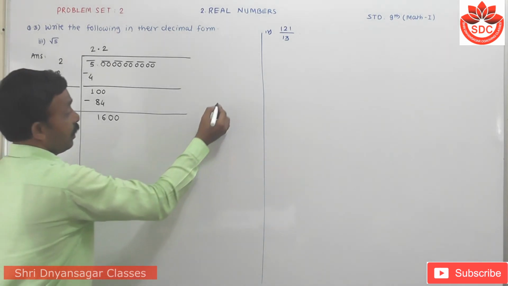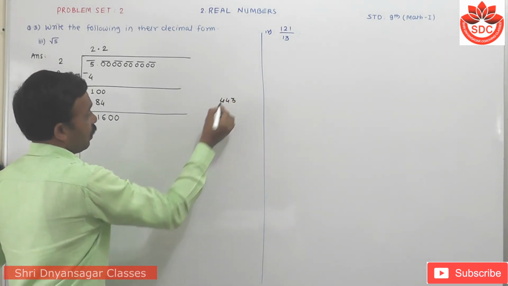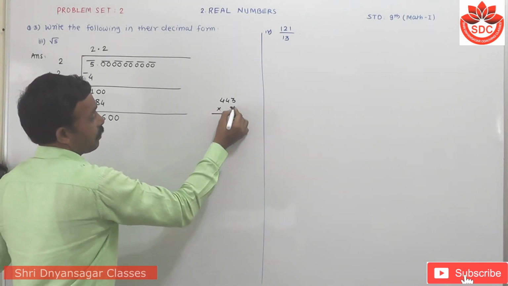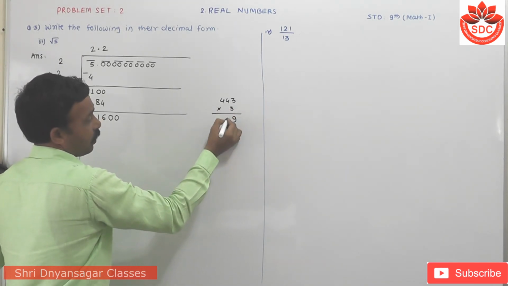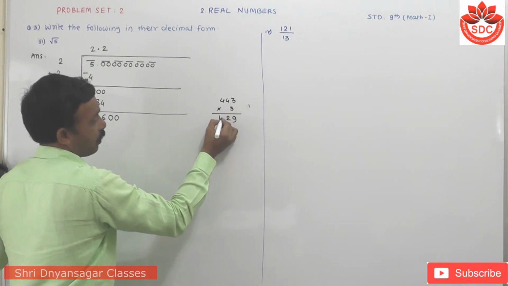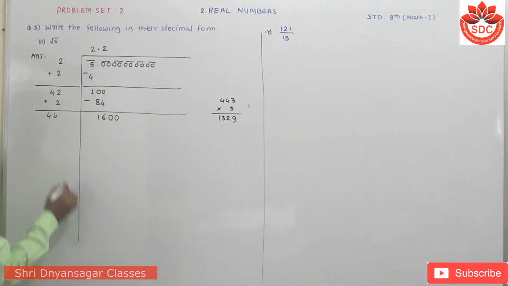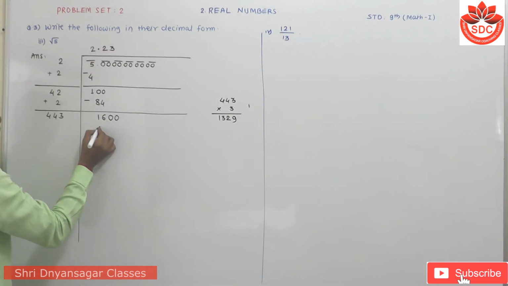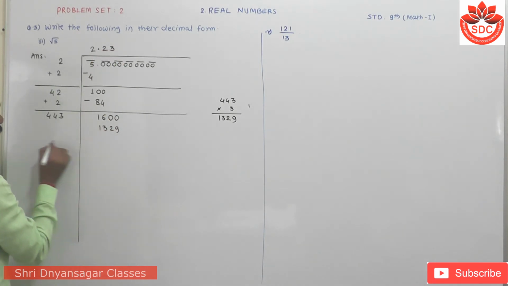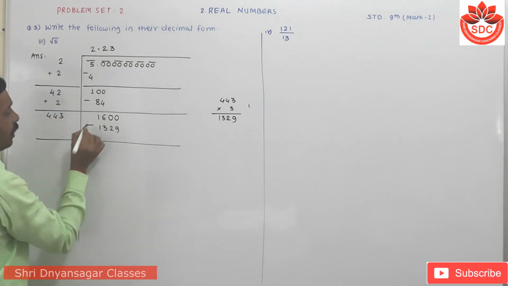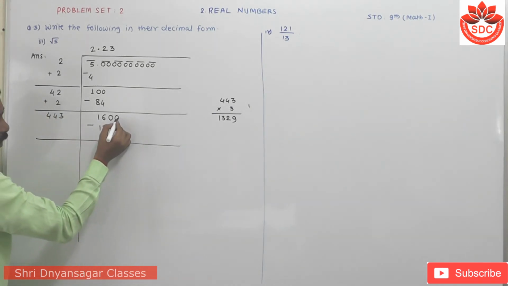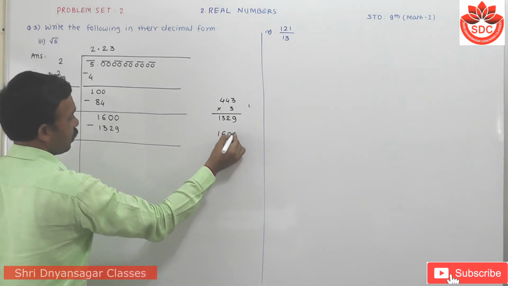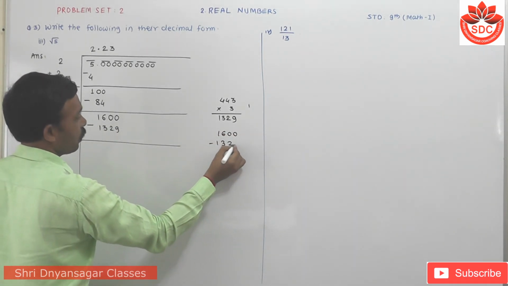So I have to take 3 next to this 44. When we multiply by 3, 3 3s are 9, 3 4s are 12, carry 1, 3 4s are 12 plus 1 is 13. So you take 3 here, 3 here, and here is 1329. When we subtract, I have taken 1600 minus 1329.